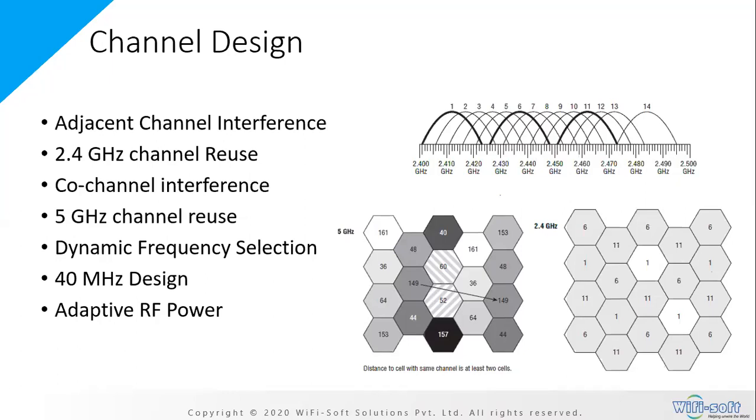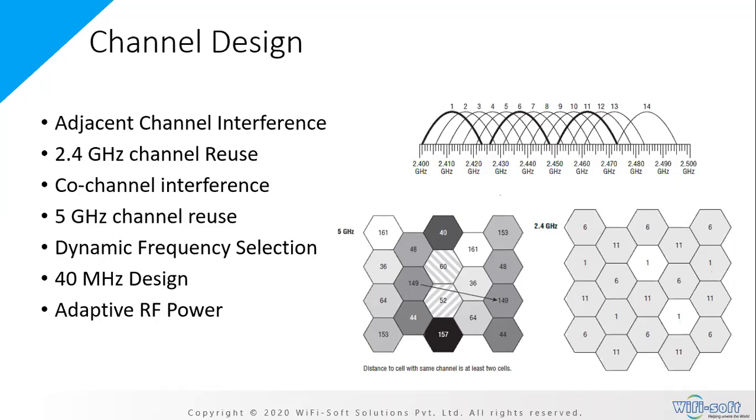In a controller based network, the controller takes a lot of these decisions and in fact dynamically changes these channels. A lot of times when you set up an access point these days, almost all the enterprise Wi-Fi companies will ask you to select an auto channel.